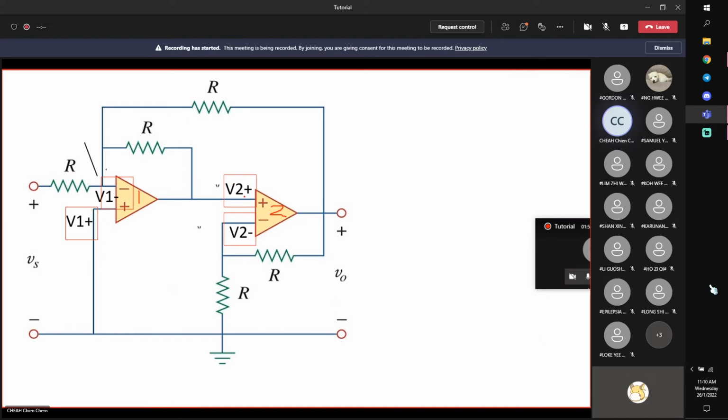Similarly V2 plus, V2 minus, and similarly you can also put I1 minus, I1 plus, I2 minus, I2 plus. This is to assign variables to the circuit where we do not know.